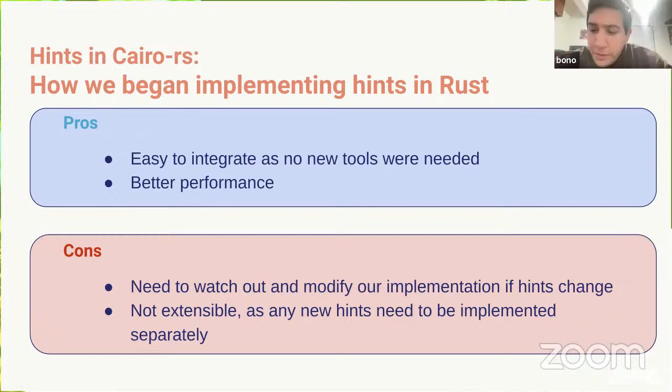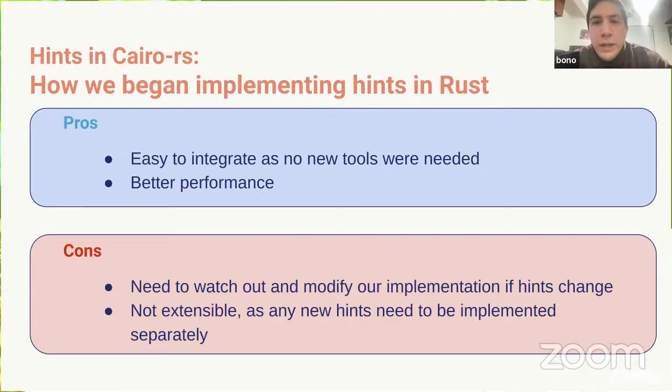I want to add something more. Basically the approach we took was to develop an interface so users can plug in hint processors. You can extend the hints that the Cairo VM can execute.